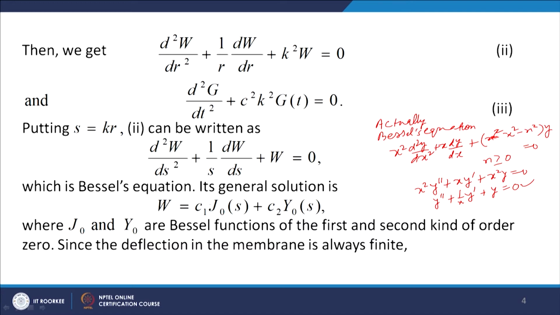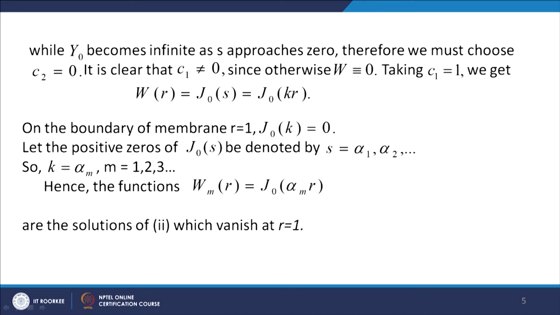The constant C1 will be absorbed while we write the general solution u(r, t) equal to W(r) into G(t), in the constants which will come in the G(t) part. So, without any loss of generality we can take C1 equal to 1. So, W(r) equals J0(S), which is J0(kr), because we are taking S equal to kr.